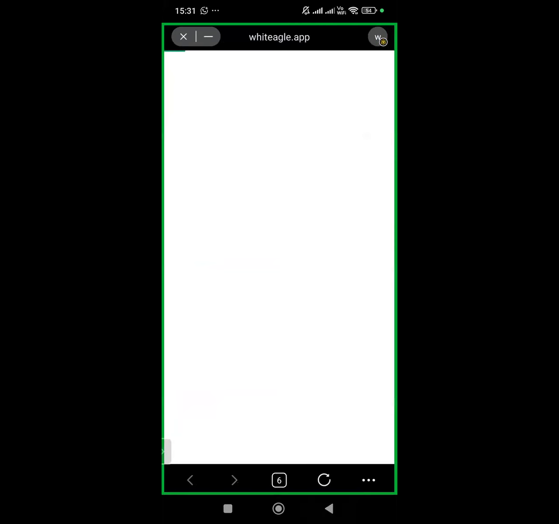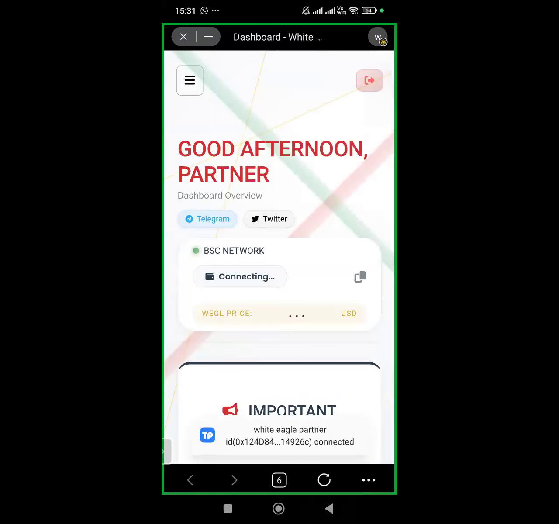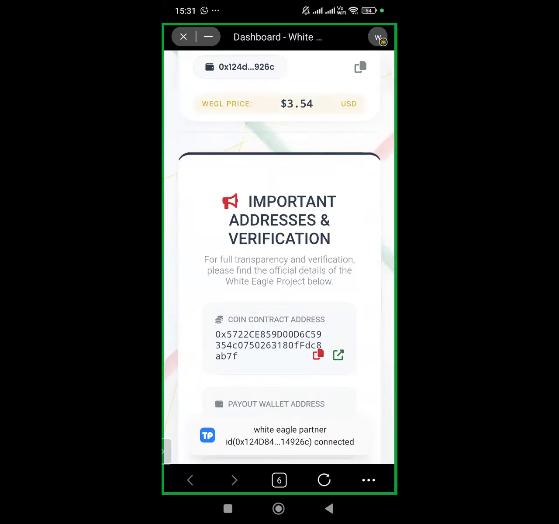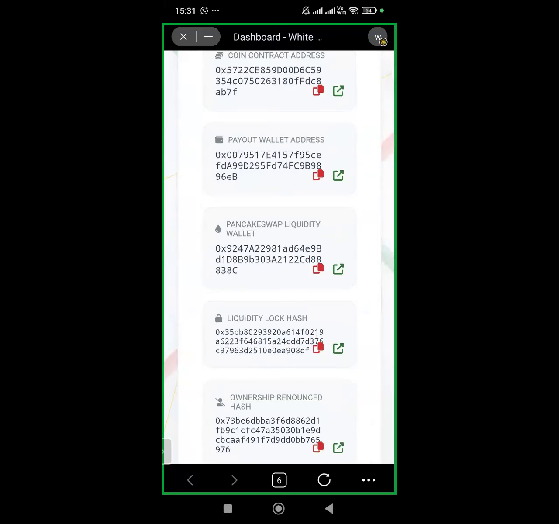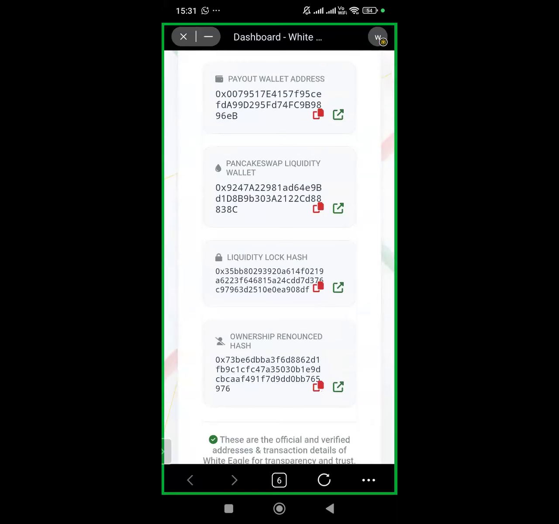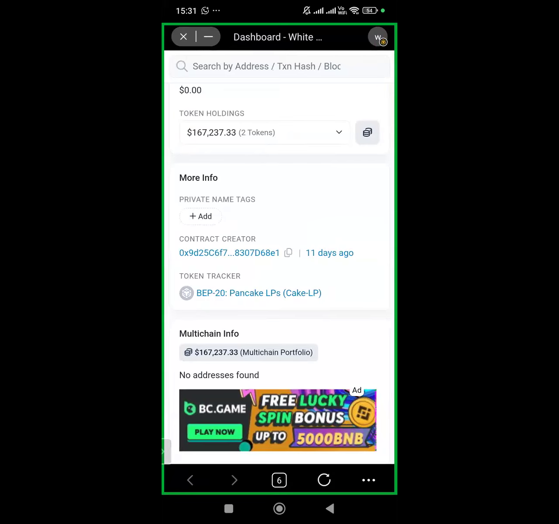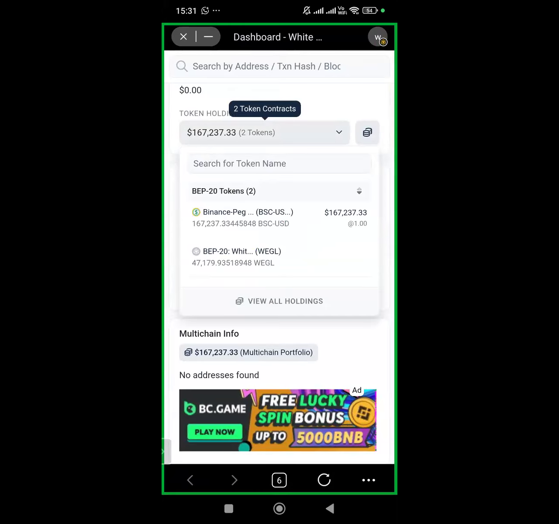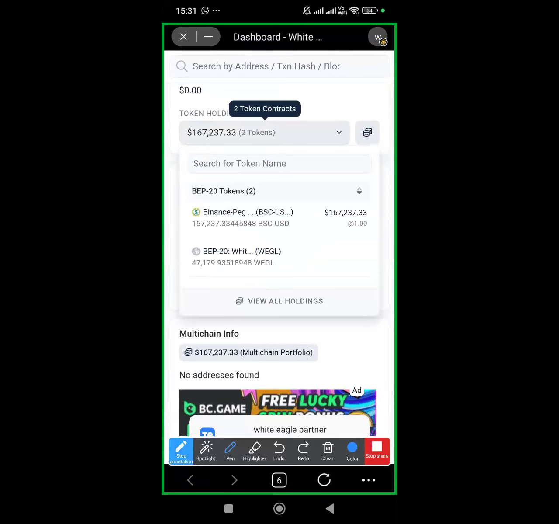Here they put 0.9 million at the start, and the starting liquidity was how much? They put a starting liquidity of $10,000. If you click here, you can see the supply that is remaining now.